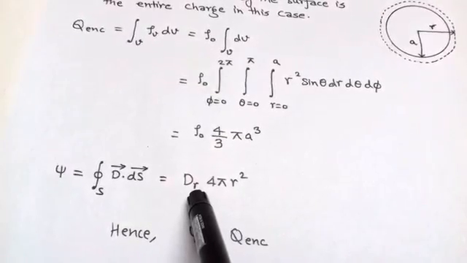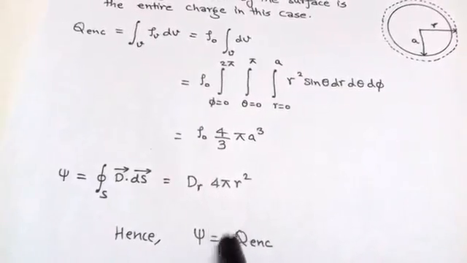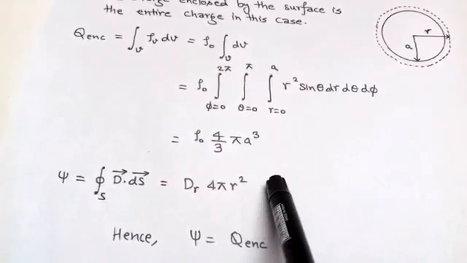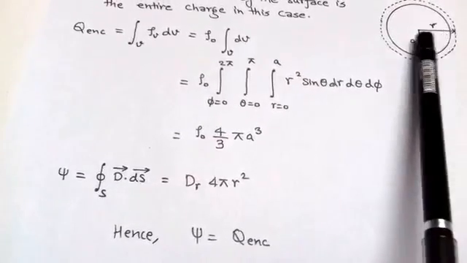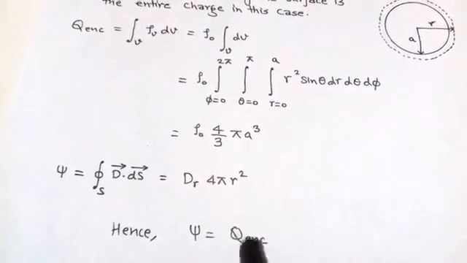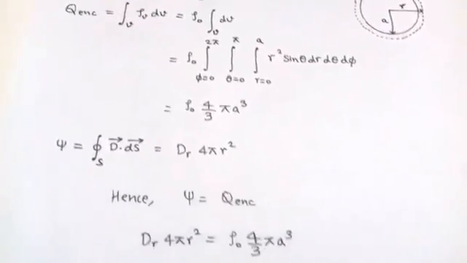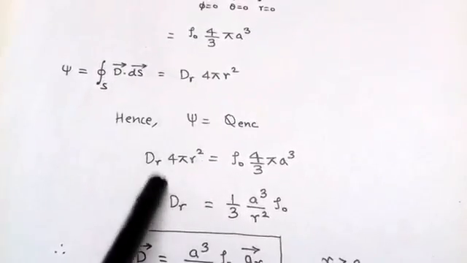The sphere here is the Gaussian surface. The radius of this Gaussian surface is small r, and the surface area of this Gaussian surface is 4 pi r squared. After equating this, some quantities can be cancelled. So the D r component equals a cube upon 3 r squared rho naught.